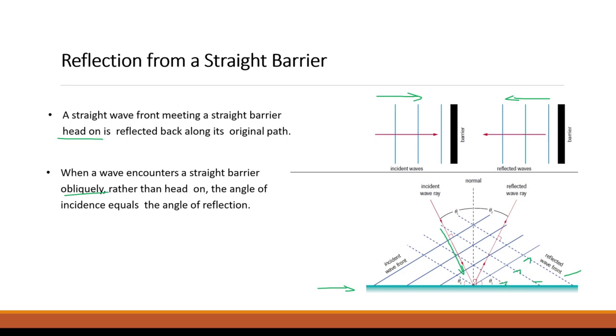And so we still have our reflection angle equal to that of theta i here, the incidence angle, using the solid blue versus the dotted blue waves. And so they still equal each other even obliquely.